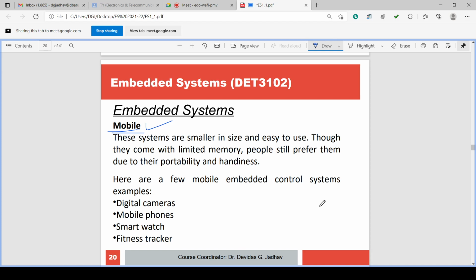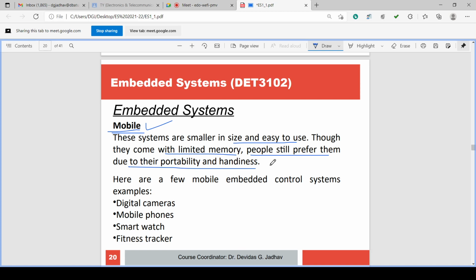These systems are smaller in size and easy to use, though they come with limited memory because they are very small in size, they are very handheld. All the facilities are limited in those. Battery backup is limited, memory is limited. Okay, so though they come with limited memory, people still prefer them due to their portability and handiness.